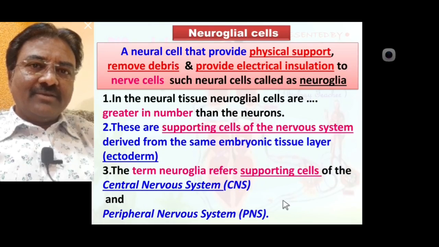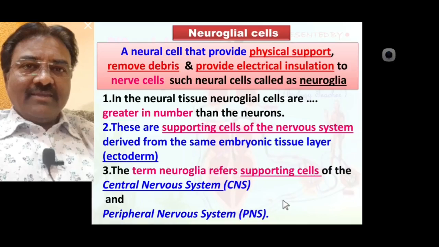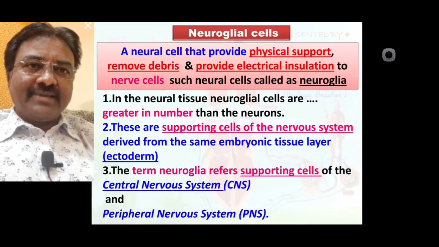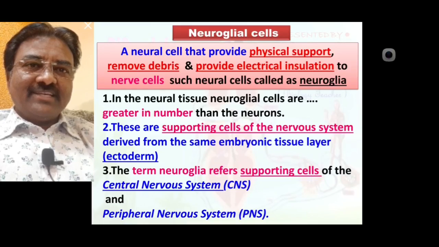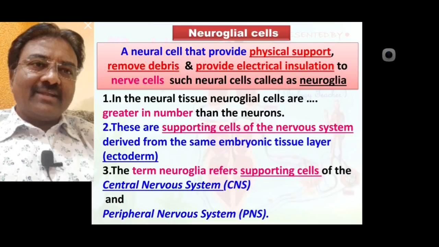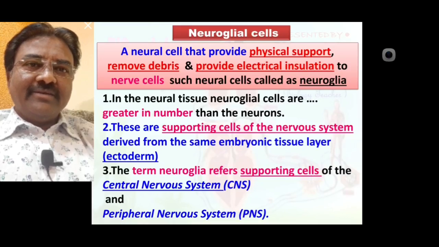You know, neurons are impulse generating and impulse conducting neural cells, while neuroglial cells provide physical support, remove debris, and provide electrical insulation to the nerve cells in the neural tissue.